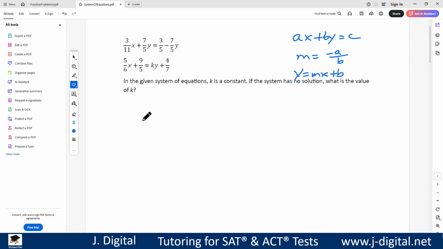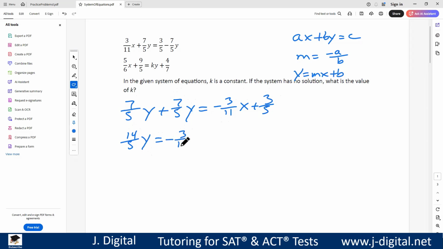All right, so taking that first one, I'll have 7/5 y, and then the y on the other side, the negative 7/5 y, I'm going to add that to the other side. So move the y's to the left side, move the x's to the right side. It's going to end up being negative 3 over 11x plus 3/5. Okay, if I combine the y's, that'll be 14/5 y equal negative 3 over 11x plus 3/5.